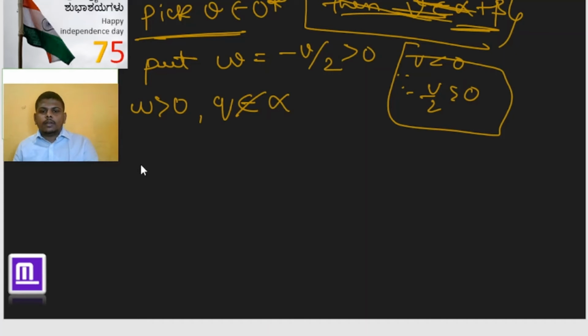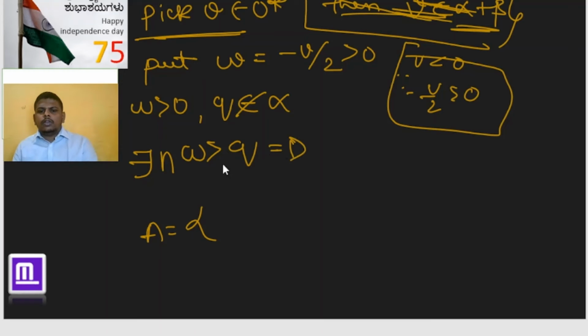Then there exists a number n such that n into w is greater than q. Since q does not belong to alpha, then nw does not belong to alpha. So let us take the set A, nw does not belong to alpha.